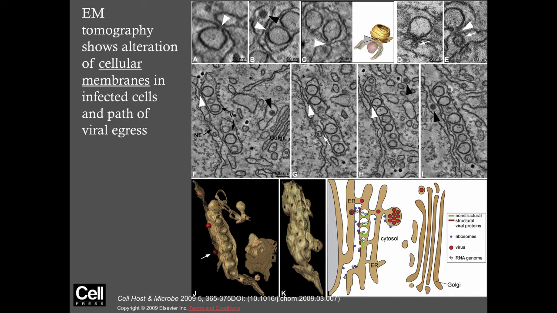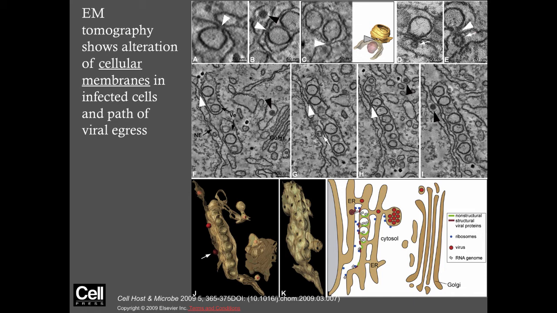But it's been observed. This is largely the work of a lab in Germany from a guy named Ralph Bartenschlager, who's done a lot of really high-end electron microscopy, observing all these different structures. So these big circular things within the ER, these vesicles, and then the arrowheads, I don't know if you can see it, are actually pointing to individual viruses.